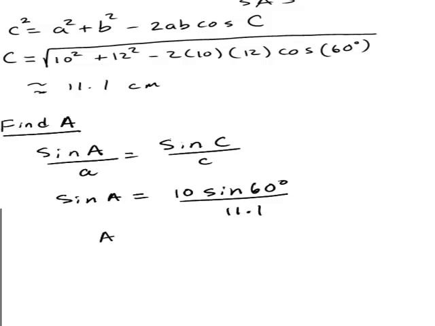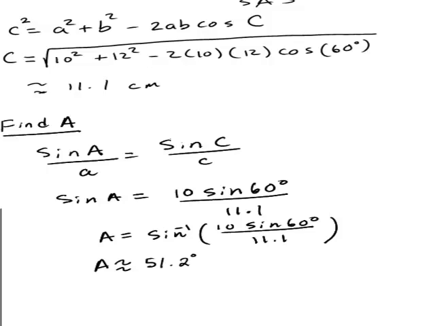Now A is going to be equal to the sine inverse of 10 times the sine of 60 all over 11.1. Okay, so if we run this number into our calculator, we get that A is approximately, to one decimal place, 51.2 degrees.